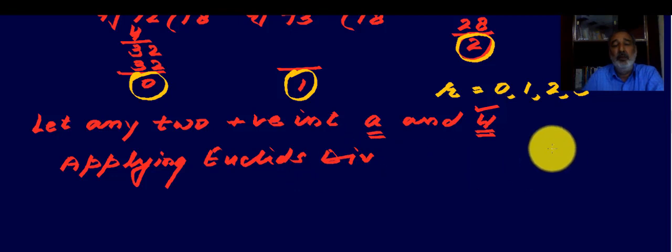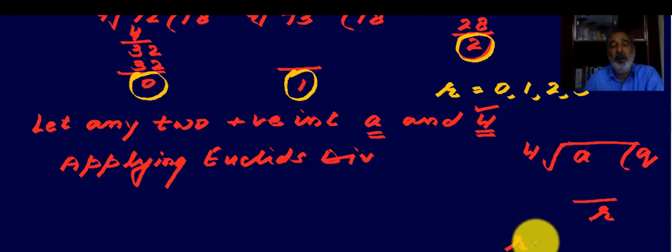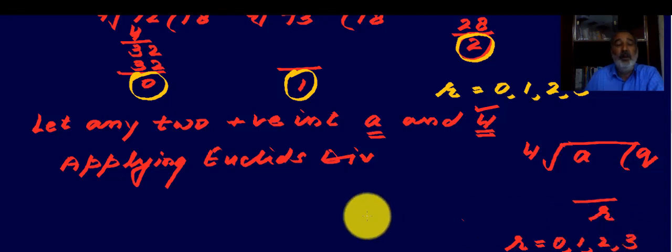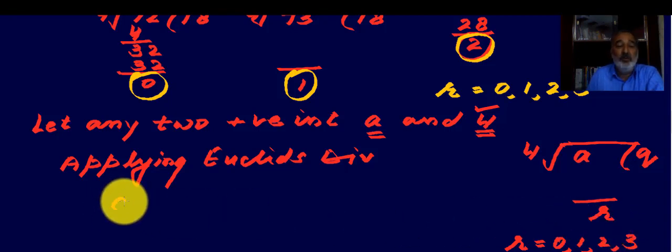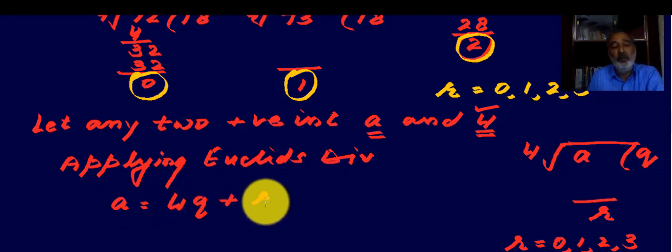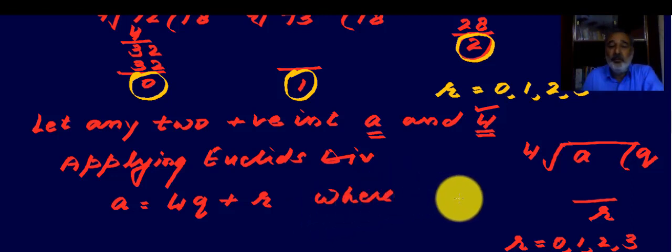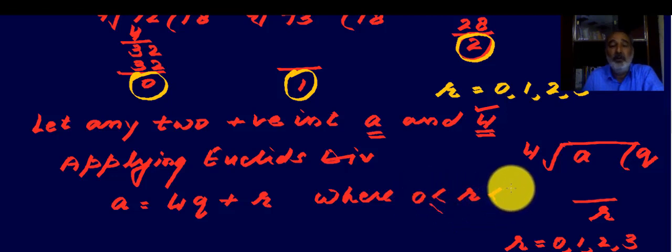What will you get? If I divide this a by a number 4, then there will be some quotient q and remainder r. And certainly I have told you that r can have value of 0, 1, 2 and 3 only, less than 4. So a is equal to 4q plus r, where r is greater than or equal to 0 and certainly it should be less than 4.